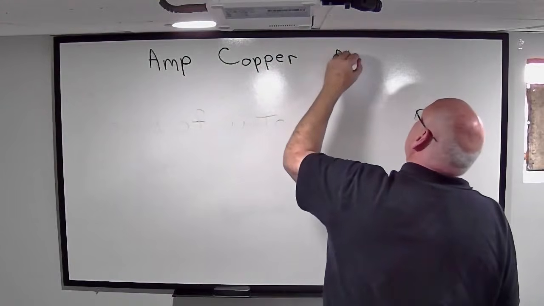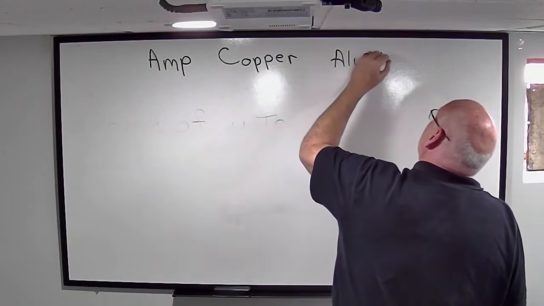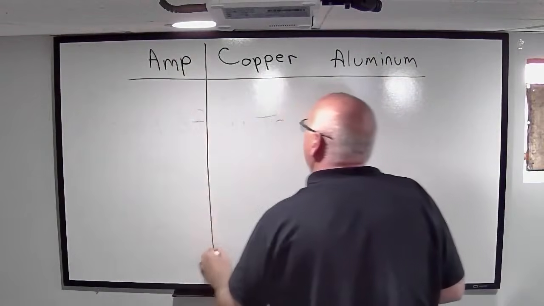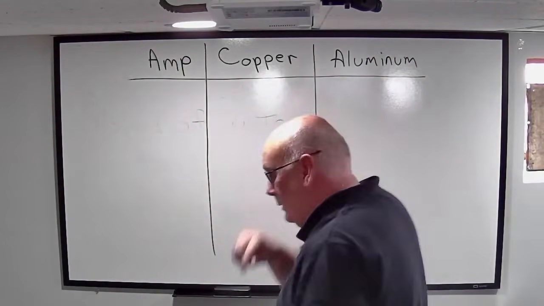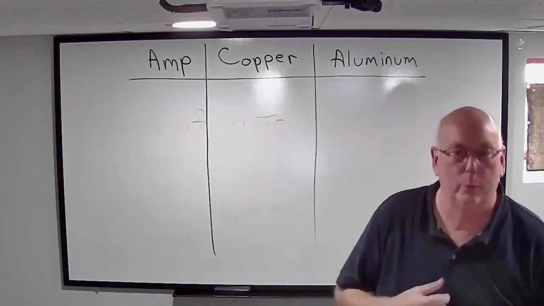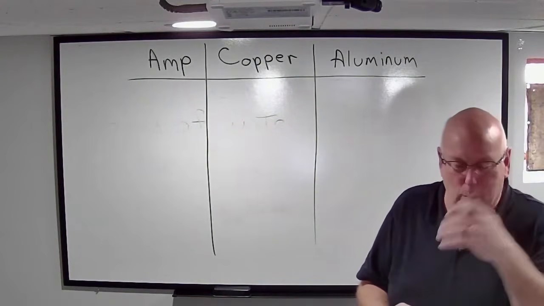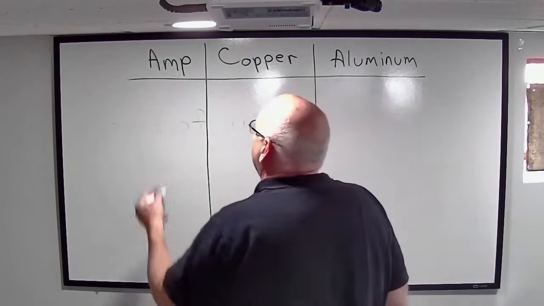And then aluminum. And this little chart is actually something you should have with you all the time. Every time we look at an electrical panel, this is what we're going to end up with anyway.